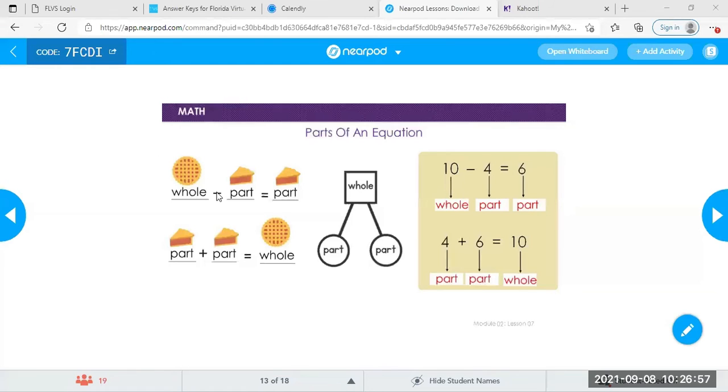We have a whole pie, and I'm going to give this one part over here to Olmo, and the other part will go to Benito. I'm going to break my pie into 2 parts. And if I add those 2 parts together again, Benito and Olmo's part, it makes the whole. It comes back together as the whole.